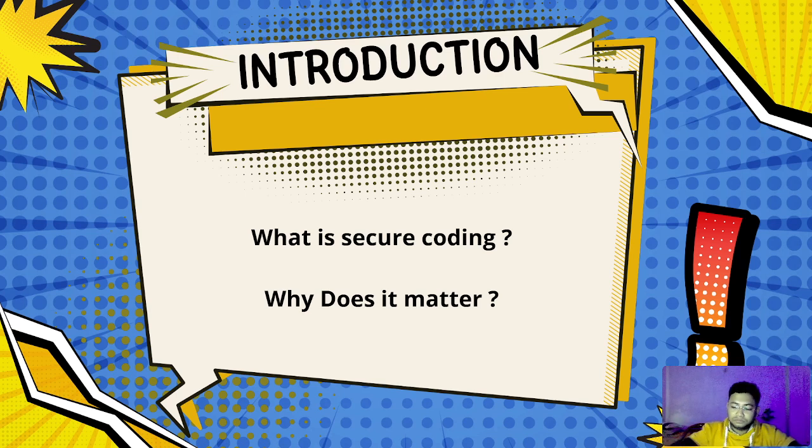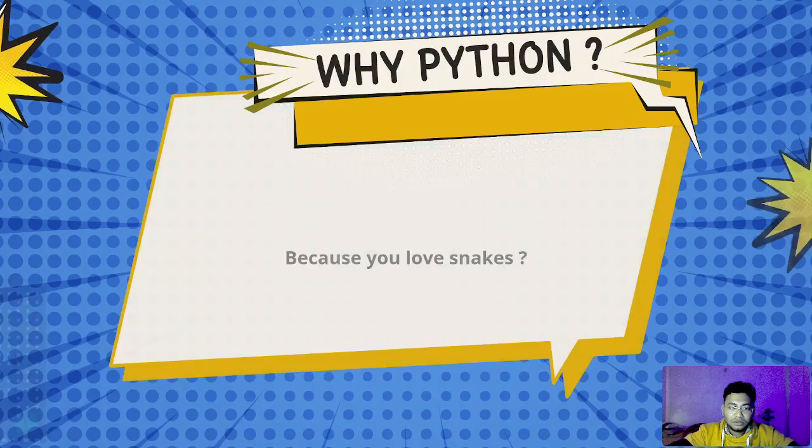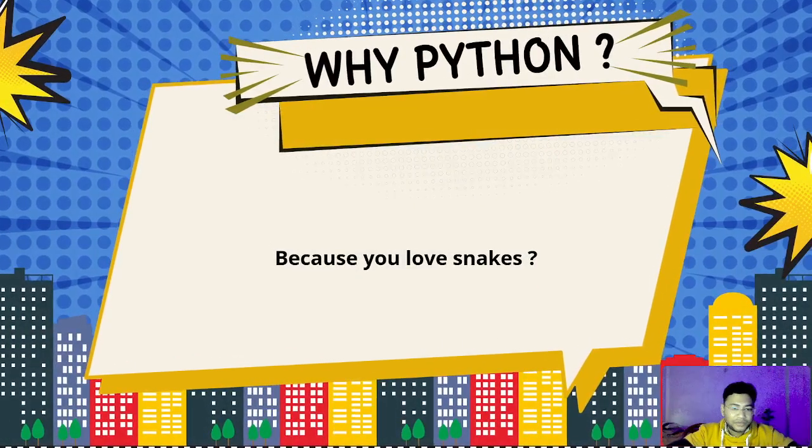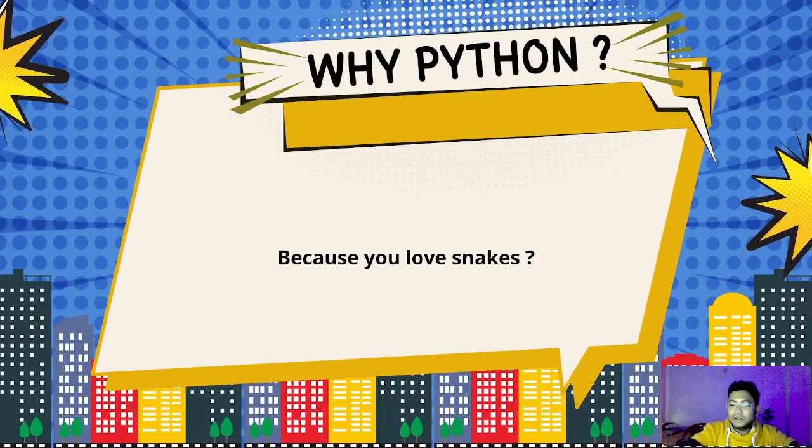Now the big question: why Python? Because I love snakes? No, that is not the answer. Because Python is one of the most popular programming languages that people use to build website applications and even control robots. There's AI everywhere, so a lot of people are using Python.